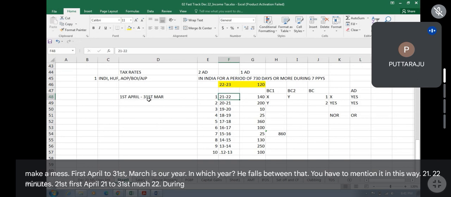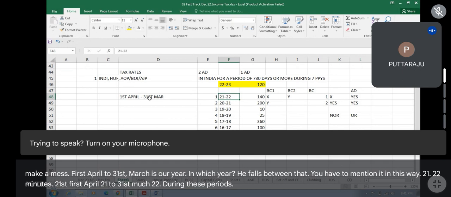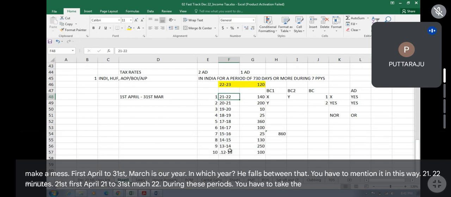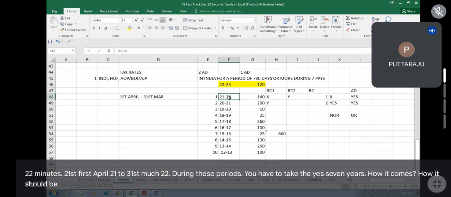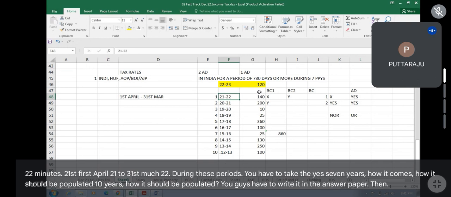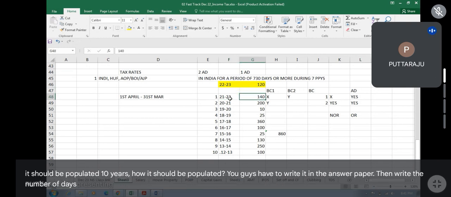During these periods, you have to take the years, 7 years, how it should be populated, 10 years, how it should be populated. You have to write it in the answer paper. Then write the number of days against the respective years.